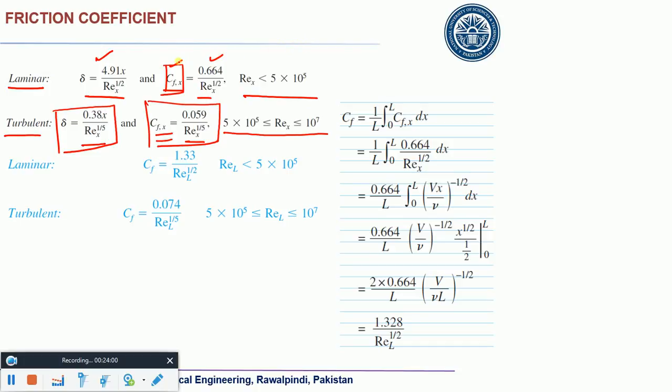See, for average properties, you need to integrate this CFX from 0 to L and then divide by L. If you can integrate this relationship with respect to X, then it is fine. But there are some relationships which you cannot integrate analytically. You have to go for the numerical integration.